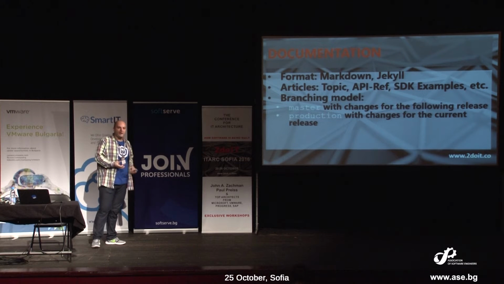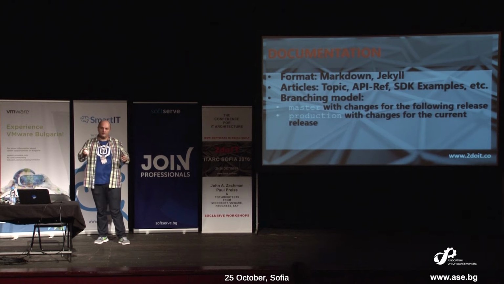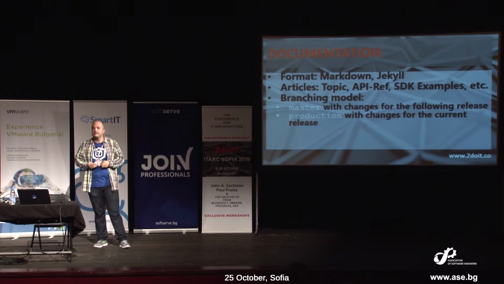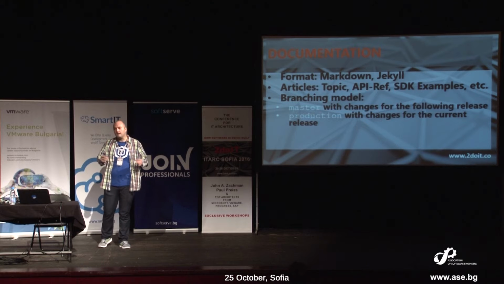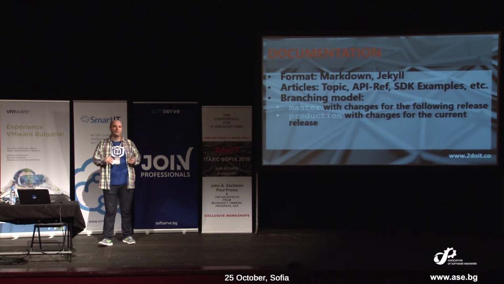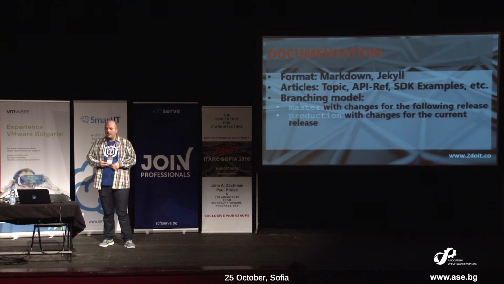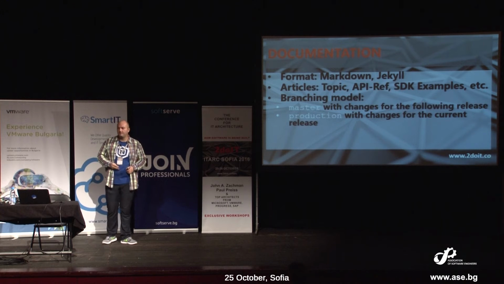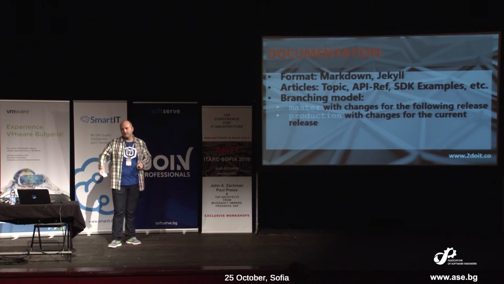There are API reference articles that are generated automatically from the code base. There are the SDK examples, which are again generated, extracted from a fully capable running application. And there are a lot more articles that get fetched from external repositories. The documentation, as I said, uses a specific branching model.